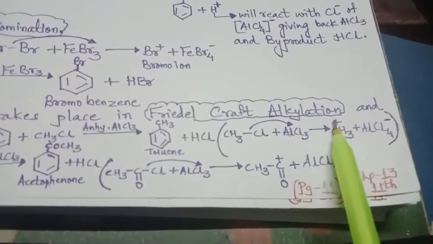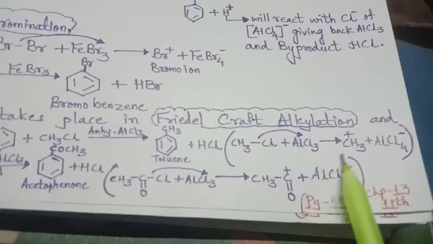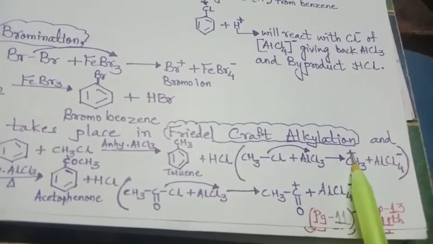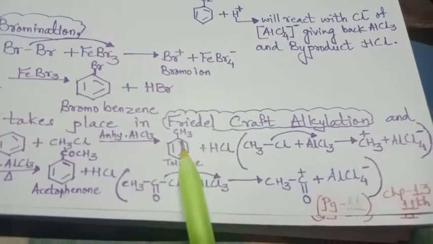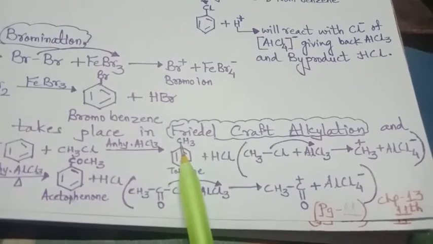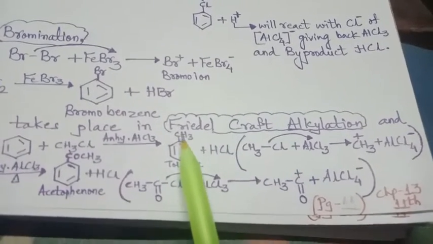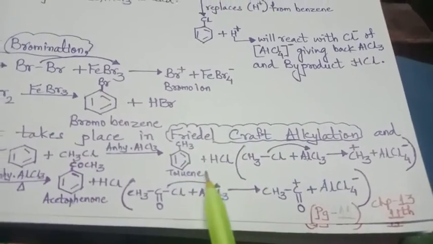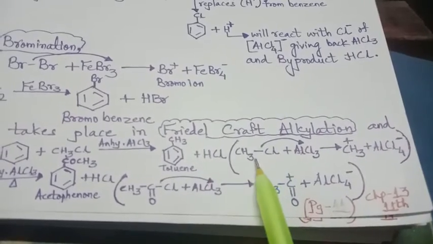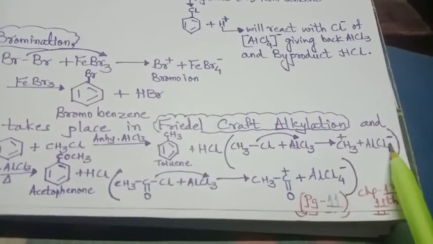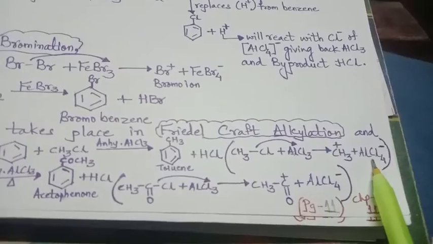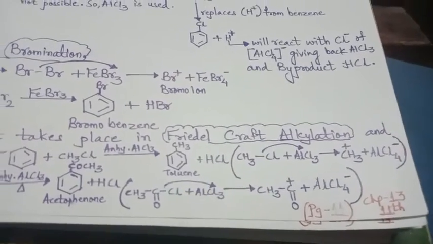So methyl group is with positive charge. This cation will replace the hydrogen from here and will take position of this hydrogen as CH3, and this hydrogen from here will react with this chlorine which has come to AlCl3 and formed AlCl4, and it will be byproduct HCl. Now about the acylation.